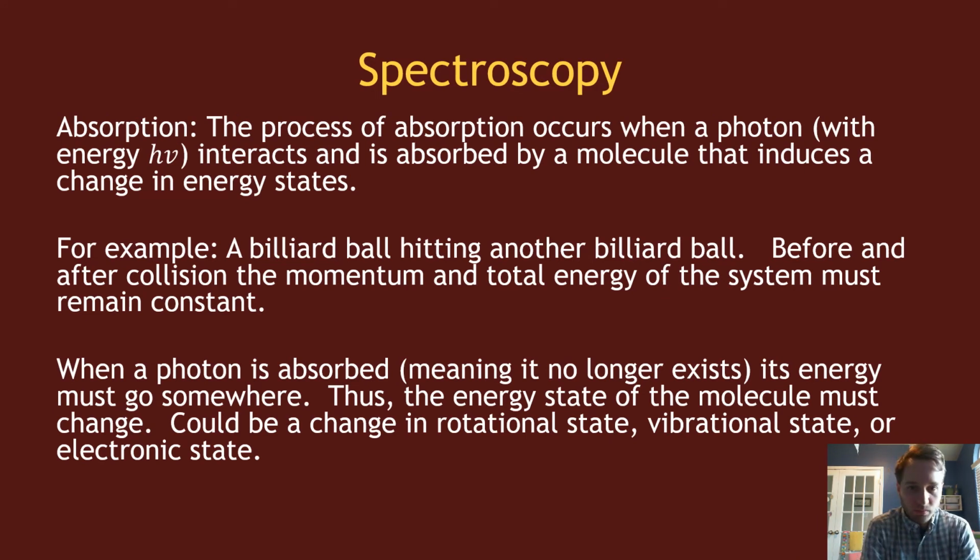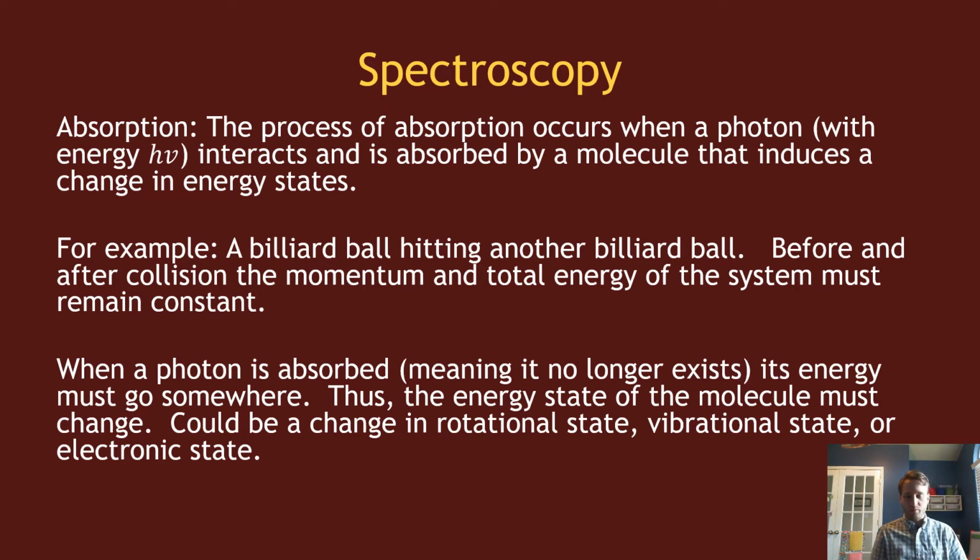Okay, so spectroscopy has to deal with light interaction with matter. We will often talk about absorption spectroscopy, but there's also emission and stimulated emission, and we'll talk more about those things. Absorption in spectroscopy is when you hit an object with light or a photon. The energy of that photon is potentially absorbed by the molecule, and that induces a change in state.